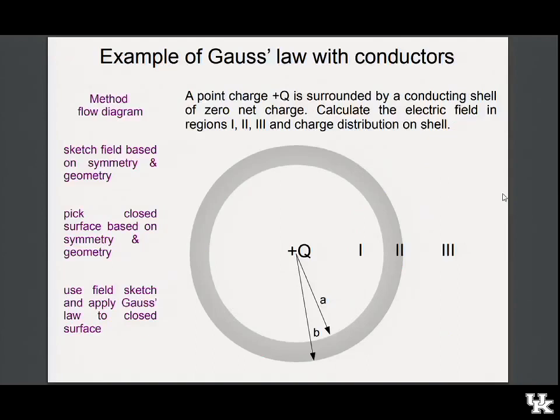So this is an example problem that involves Gauss's law and this concept of conductors. In this particular problem, we're told that there's a charge positive Q in the center here, and it's surrounded by a conducting hollow sphere.